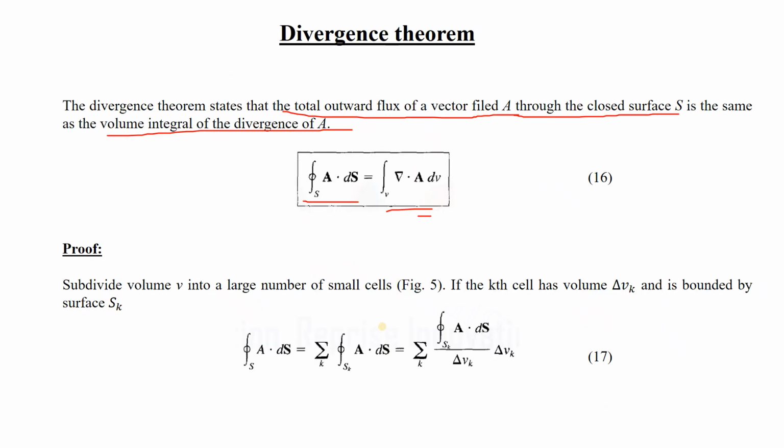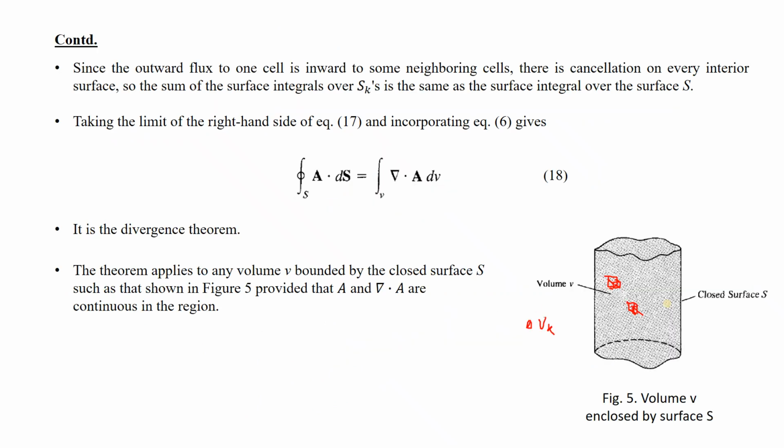And each is having a surface area. The total surface area is Sk. So this entire thing can be represented in this way. The total surface area is S, but the surface area of this particular cell is Sk.